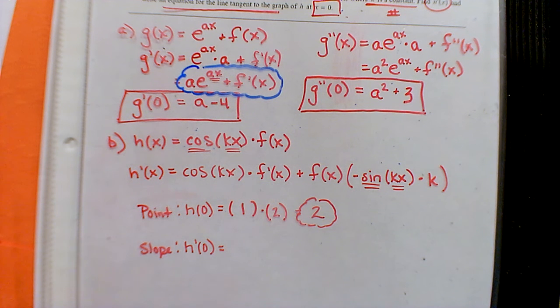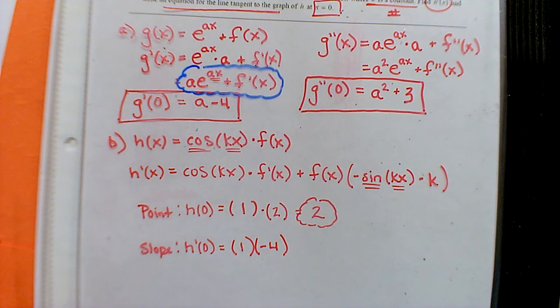Let's go ahead and check out the slope. So now that we have the derivative, we're good to go. We just got to plug in 0 for everything. Cosine of 0, we said was 1. F prime of 0, based off the top, we have -4. Then we have to add f of 0, which is 2.